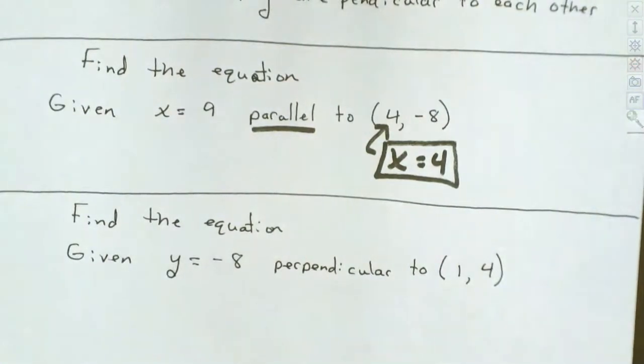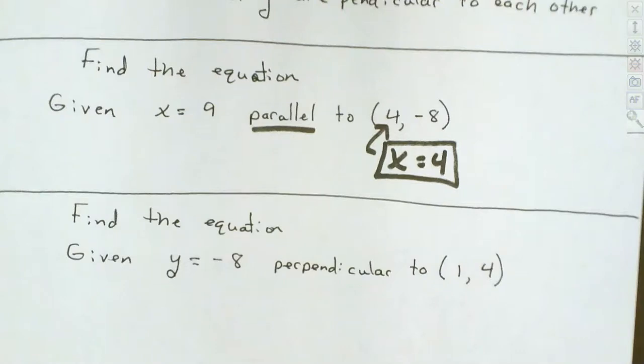Okay, so first off, we've got y equals negative 8. So that is a horizontal line. So what's perpendicular to a horizontal line? A vertical one, right?